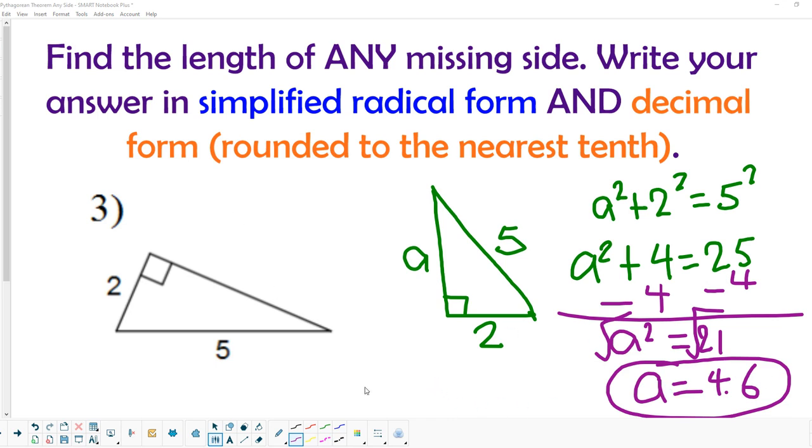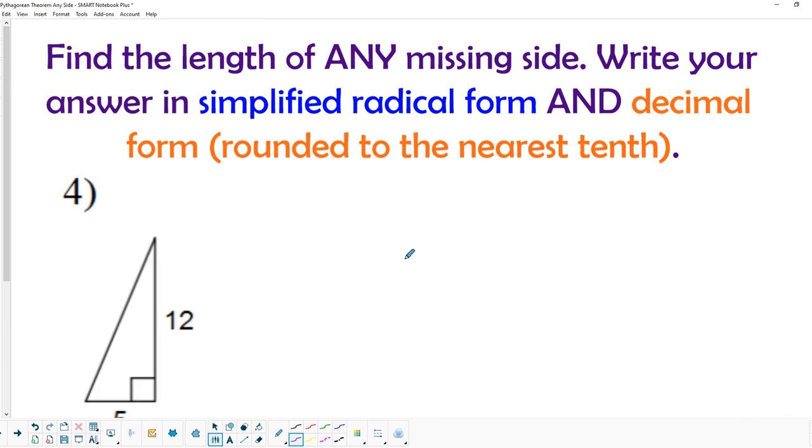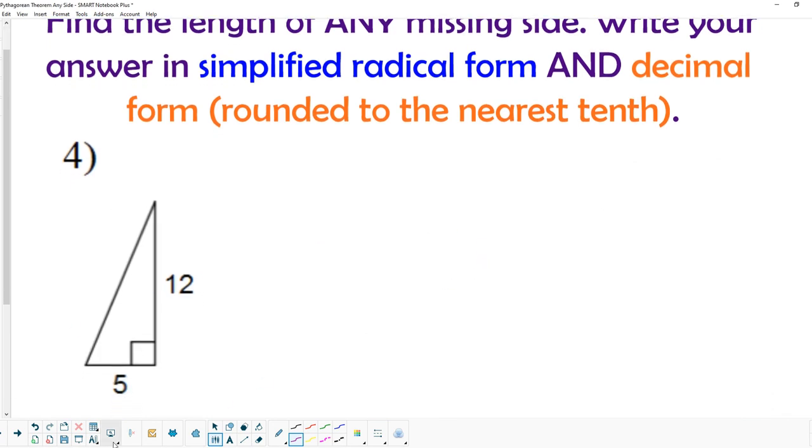It's pretty easy to do. I hope you'll get the gist of this. Now these are just finding A or B. If we were trying to find the hypotenuse, we would do what we did in our first lesson. Okay, I think we've got one more example here.